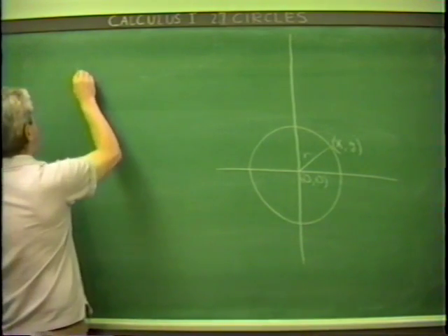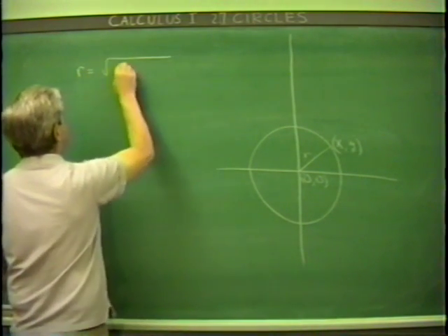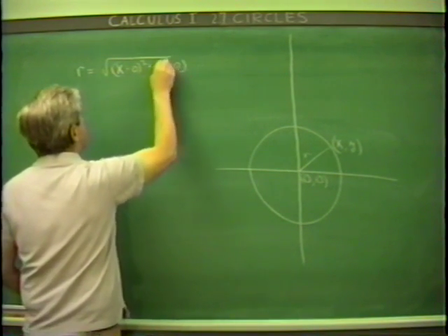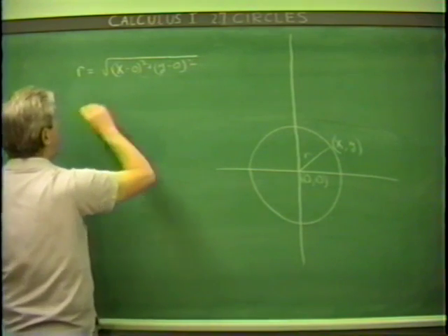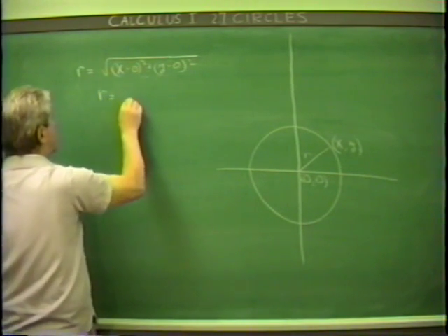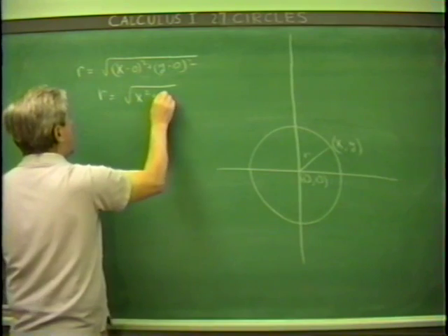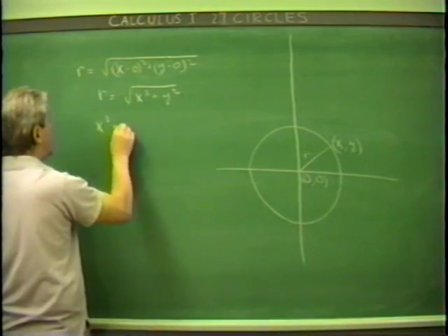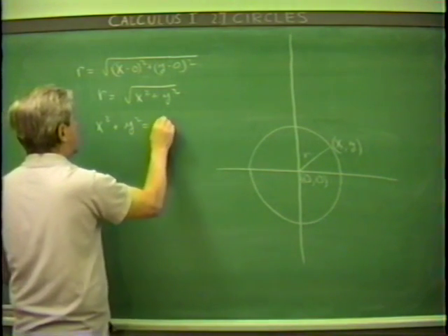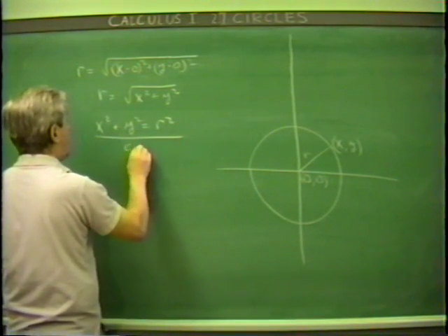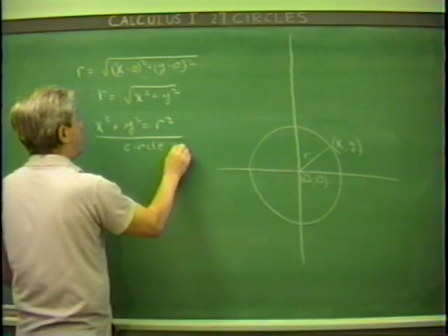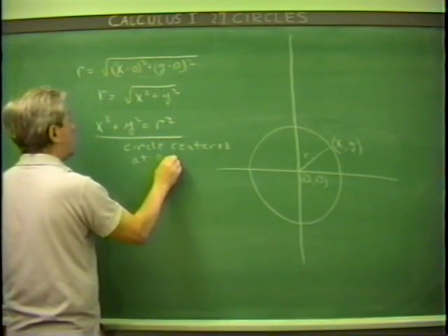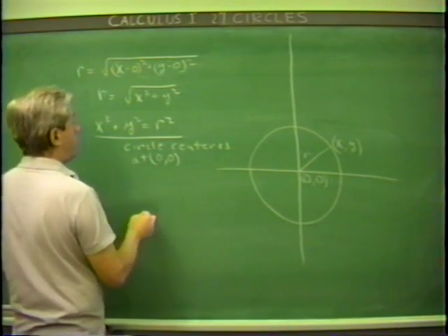That's to say that r is going to be equal to the square root of (x minus 0) squared plus (y minus 0) squared using the distance formula, or that r is equal to the square root of x squared plus y squared, or that x squared plus y squared is equal to r squared. So this is the circle centered at the origin with radius r.